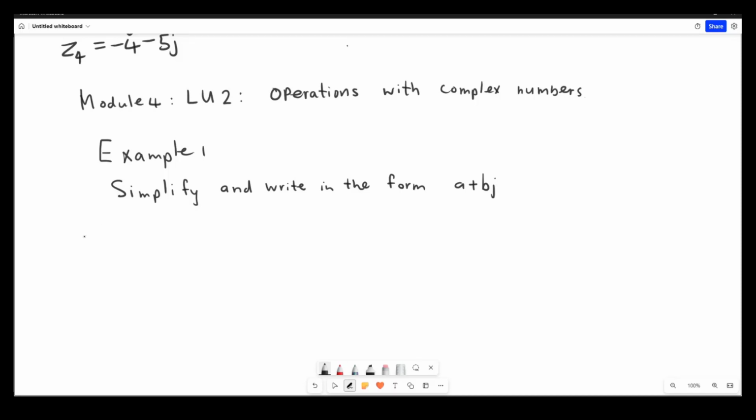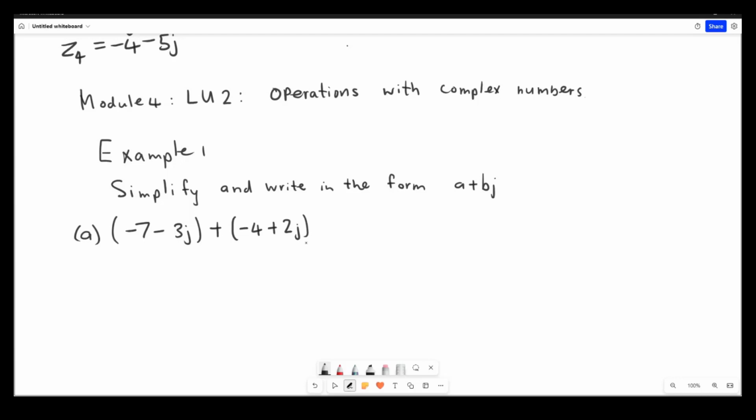Suppose I give you complex numbers -7 -3j, plus, I'm doing addition now, -4 plus 2j.